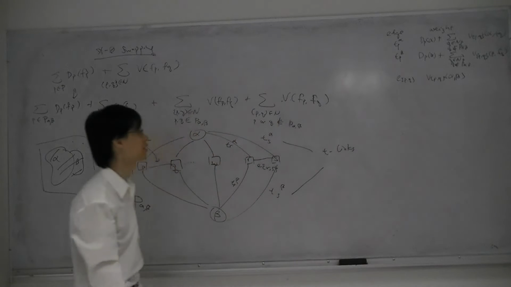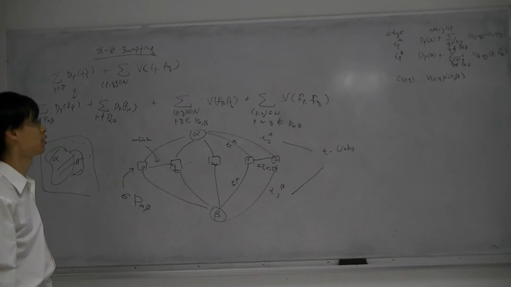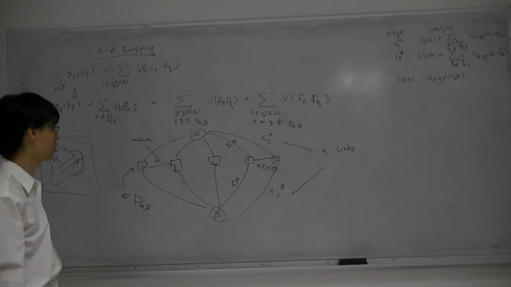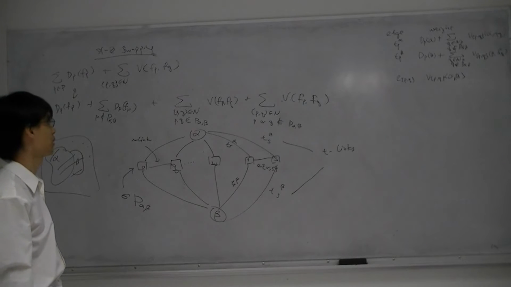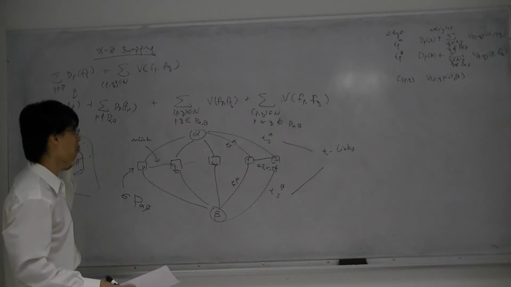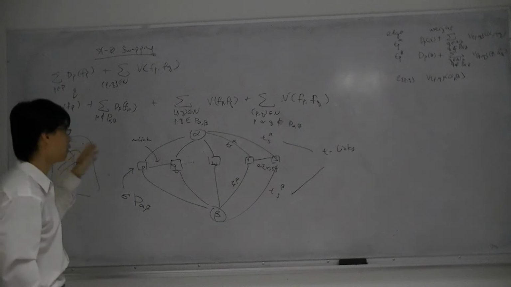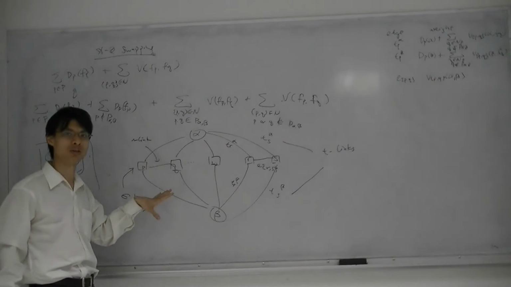Okay, honestly, it's kind of hard to give a very intuitive explanation on this, maybe I explain this first, it will be easier to see. So, what happens if I do a cut on this graph here?